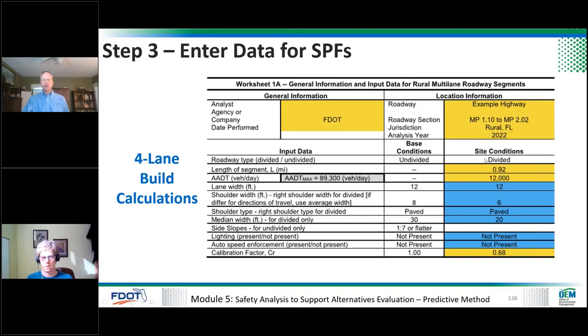If there's something not accounted for here with shoulder type and median width, some treatment we're going to apply that isn't addressed here and is completely independent, then yes, you could apply it at this point. It's kind of like the DDI example we did yesterday. The DDI is a CMF after you've done your prediction.